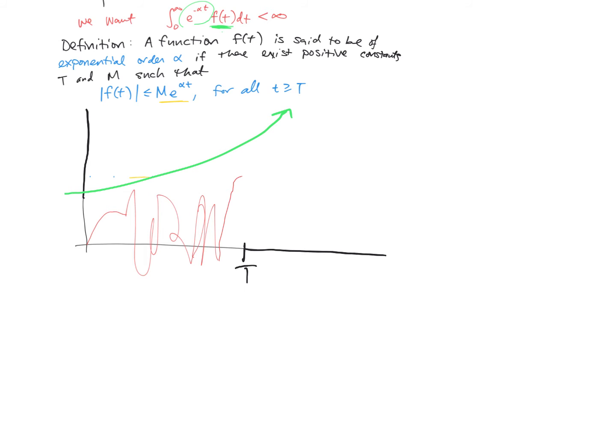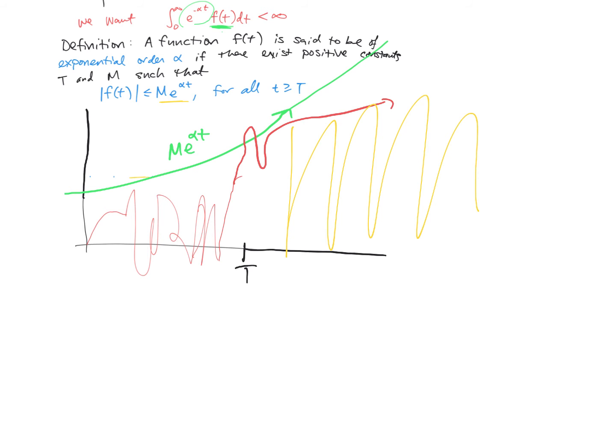So this is e to the alpha t, where now our function, even though it was going crazy and doing all this, now it's settling down and is always going to be smaller than our exponential function. So this is saying that in the limit, out under here, this function f of t is controlled.